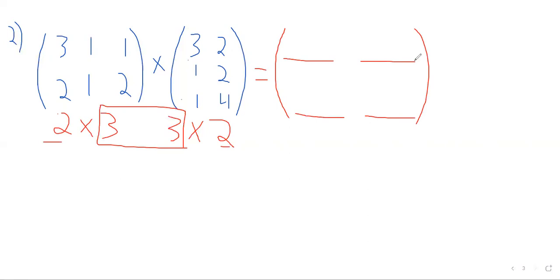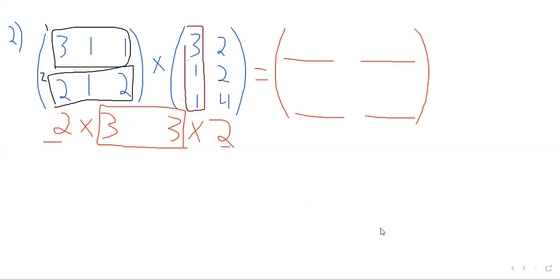So step 1, you circle the rows in the first one. And the numbers. So I'll label this 1 and label this 2. I'll go across to the second and circle the columns. So this will be 1 and this will be 2. Okay?